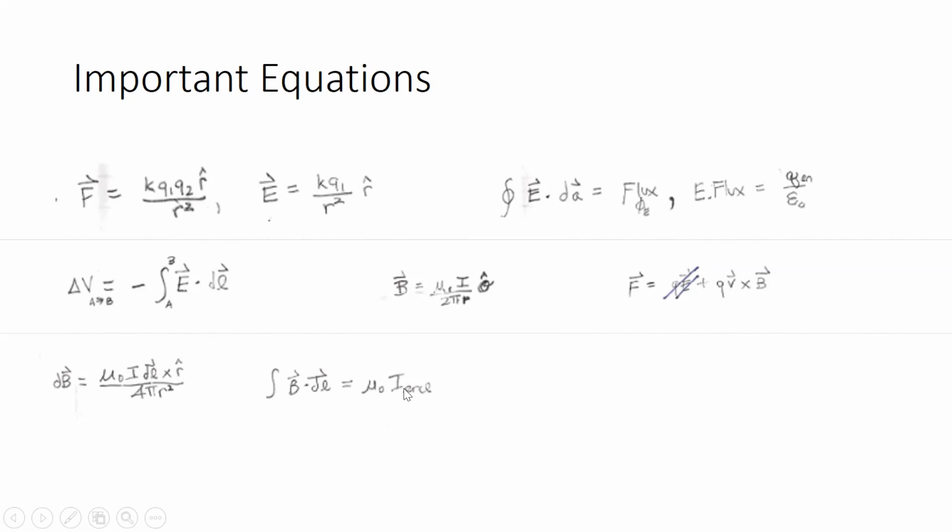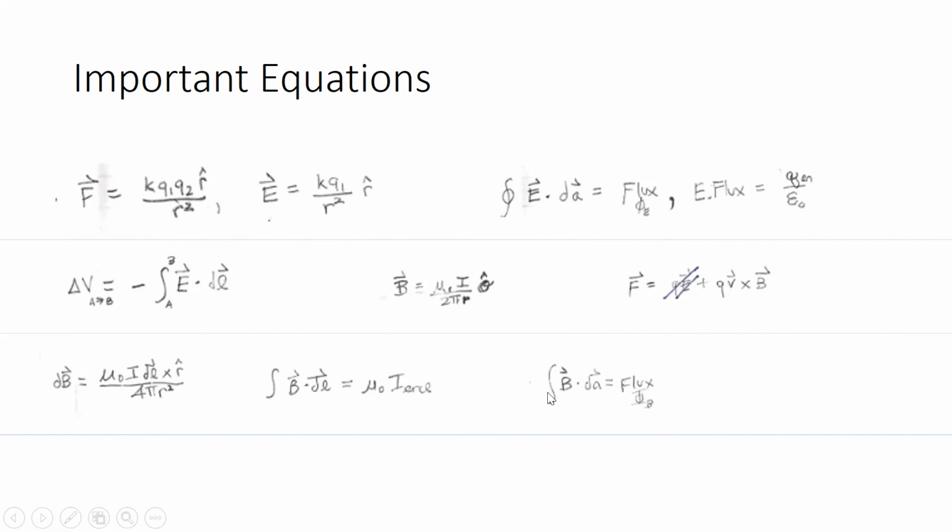So if no current is enclosed by a circulating loop, then the line integral of the magnetic field would be 0. If current is enclosed, the line integral will not be 0.